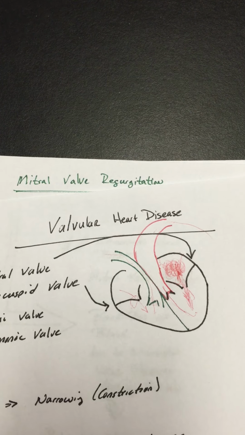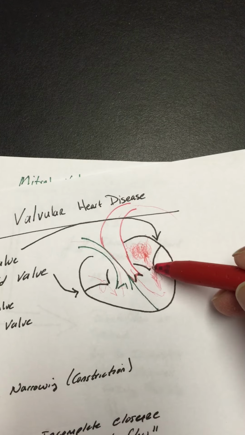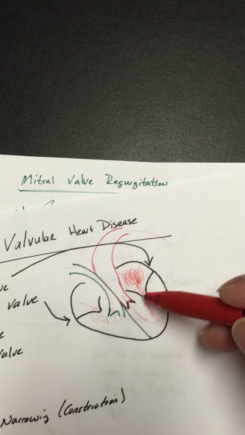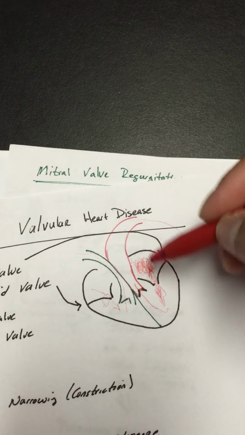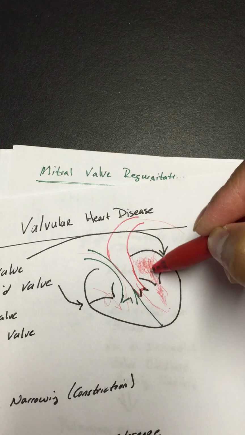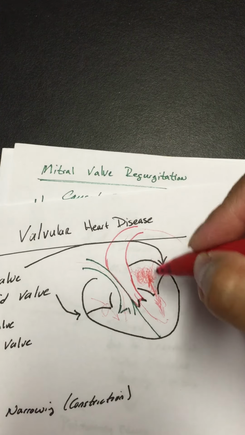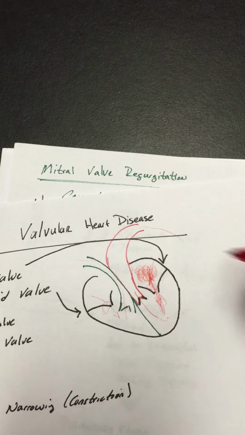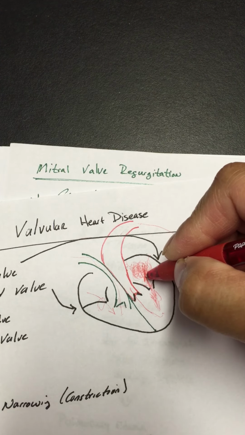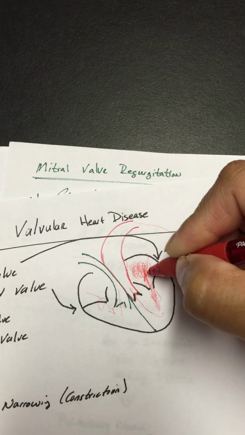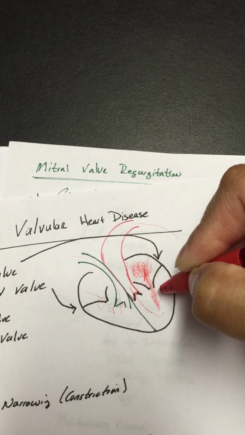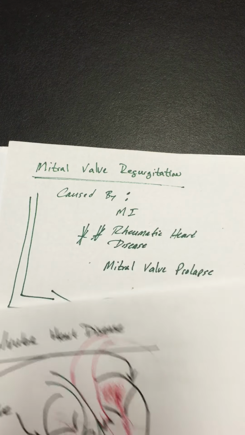Well, in regurgitation, there is an incomplete closure here. So blood can come back up. So for example, again, there is an incomplete emptying of blood into the left ventricle. So keep that in mind, okay?